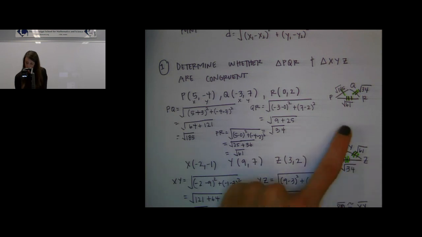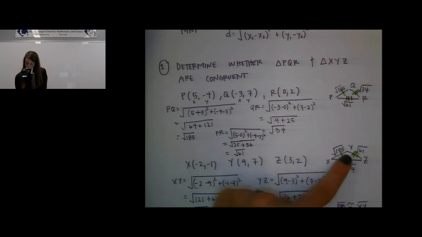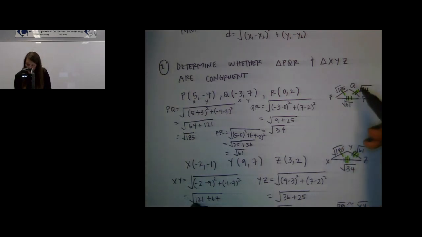And then RP is going to be congruent to ZY. Okay, so let's do this real quick. I'm going to use some different colors here. What's going to be congruent?